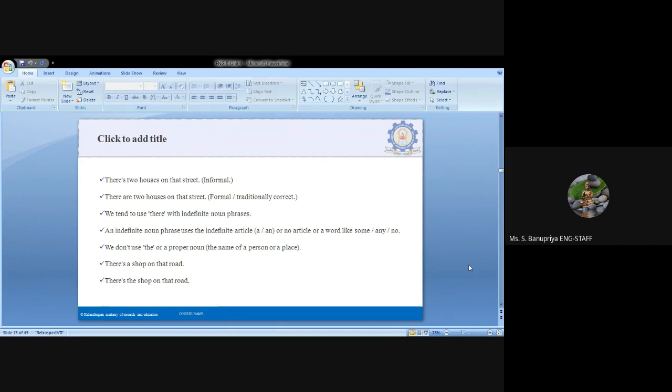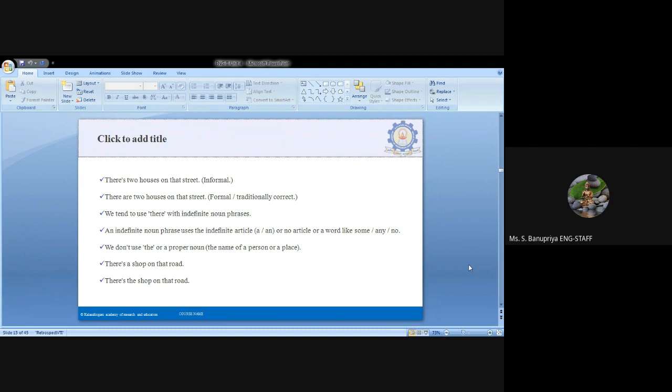There is two houses on that street, informal. There are two houses on that street, formal and traditionally correct. You can see the sentence structure.